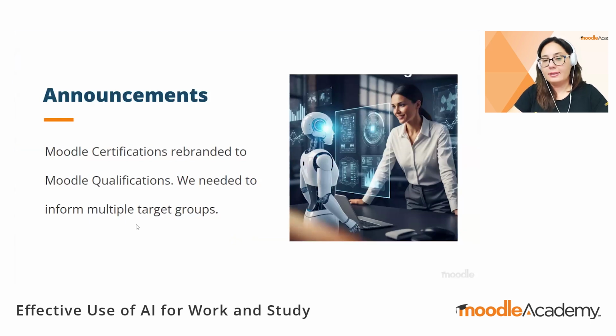Another similar case was last year when we rebranded Moodle certifications to Moodle qualifications. To pass the message, we had to reach several user groups using multiple communication channels: Moodle users, educators, Moodle partners, and through different channels, as I said, we had to deal with social media, forums, internal and external and public channels.